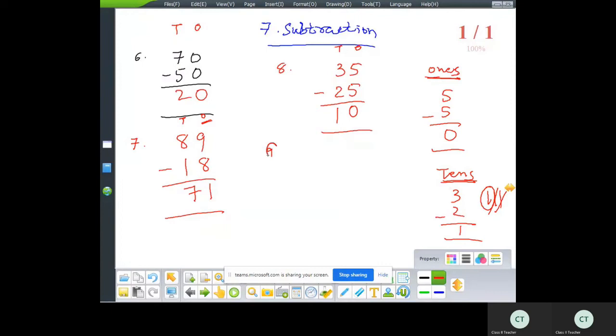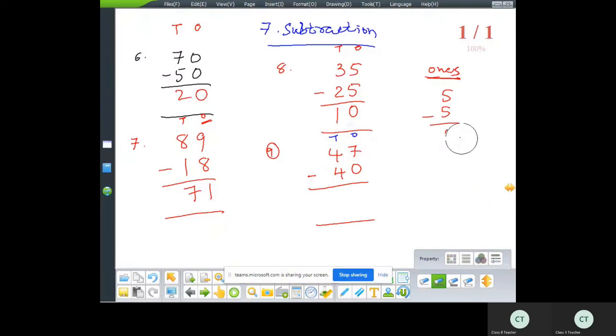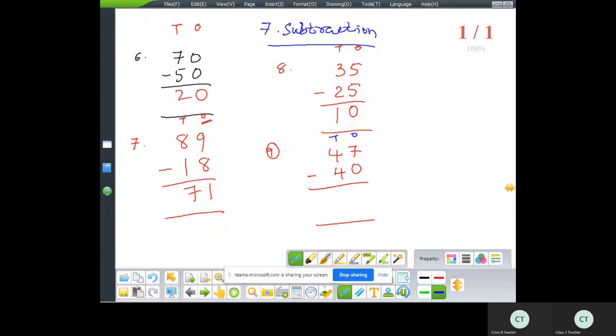Now, question number 9. 47 minus 40. Now write the place values, ones and tens. 7 minus 0.